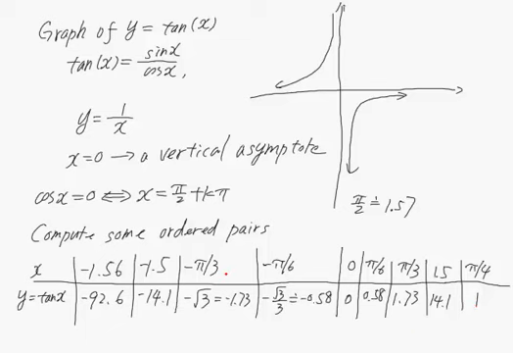So now, when you take more values close to this 1.57 or close to negative 1.57, you can see tangent x approaches positive infinity as x approaches pi over 2 from the left.